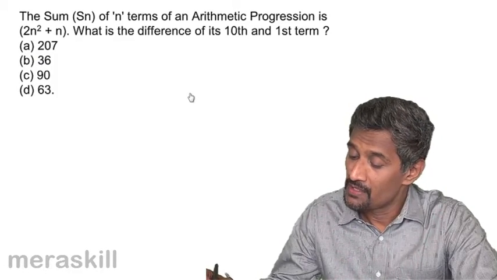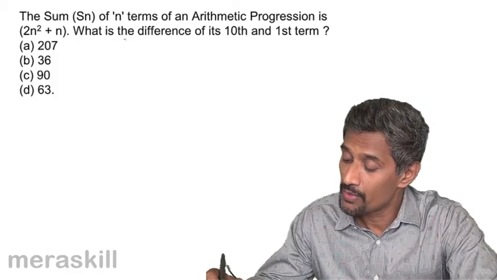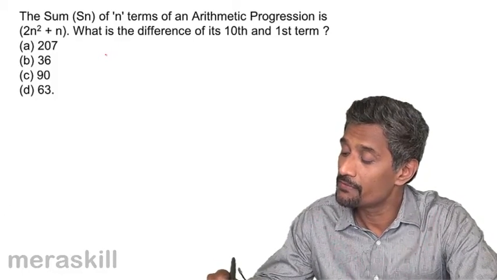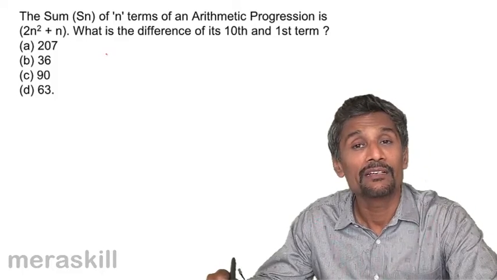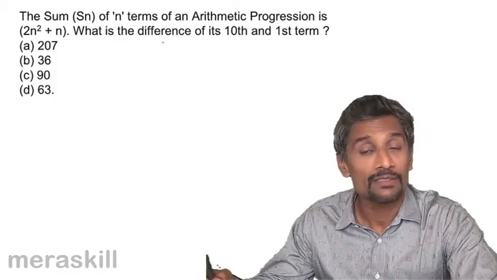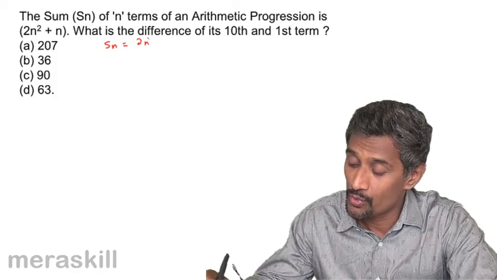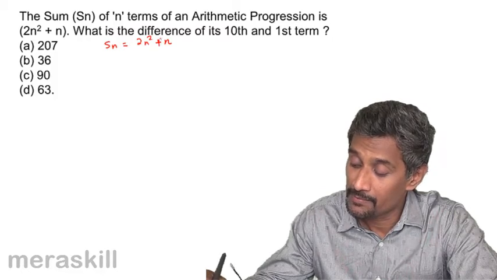Okay. Sum of n terms of an arithmetic progression is 2n squared plus n. What is the difference of its 10th and first term? So, the difference of its 10th and first term, how do we find it? Now, Sn has been given as 2n squared plus n.